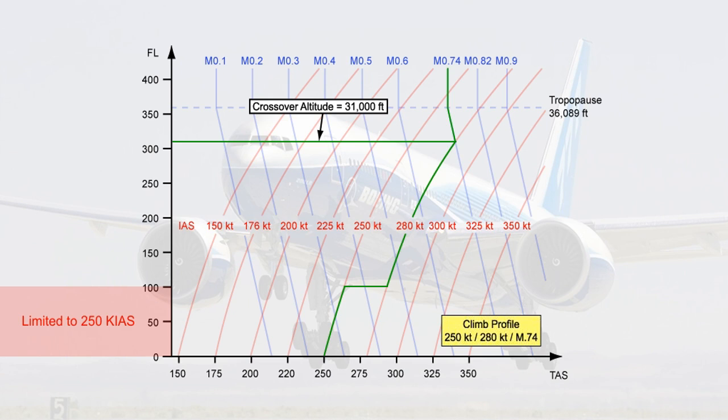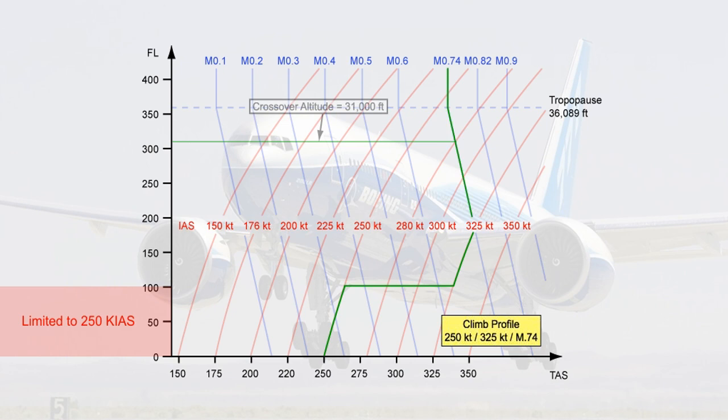However, you need to understand what happens to the crossover altitude if a faster indicated airspeed climb is maintained. For this example, we'll increase the second part of the indicated airspeed climb from 280 knots to 325 knots. Initially, the aeroplane will still climb at 250 knots, but once reaching 10,000 feet, the aeroplane will be accelerated to 325 knots and then climb at 325 knots.